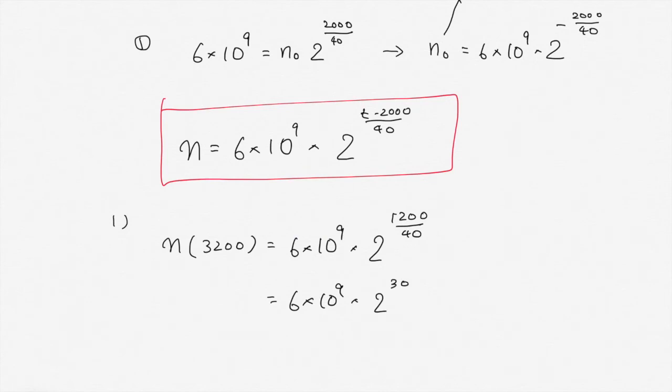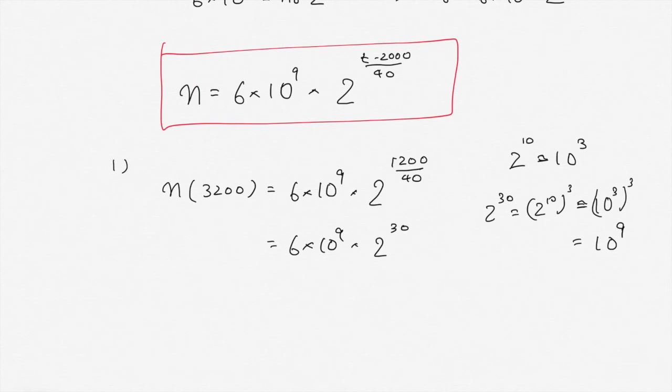So how can you discover this number, 2 to the 30? Maybe it is a little bit difficult if you are not familiar with the numbers. But maybe you have experience with powers of 2: 2, 4, 8, 16, and 2 to the 10 is nearly 1000. Then 2 to the 30 is 2 to the 10, cubed, which is nearly 10 to the 9th.